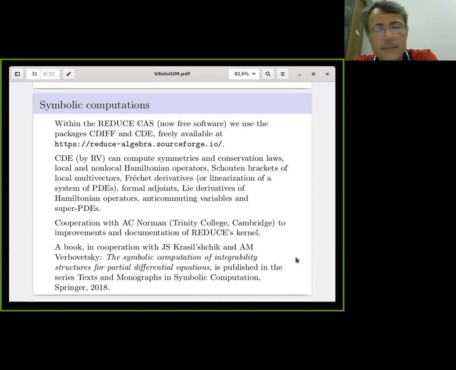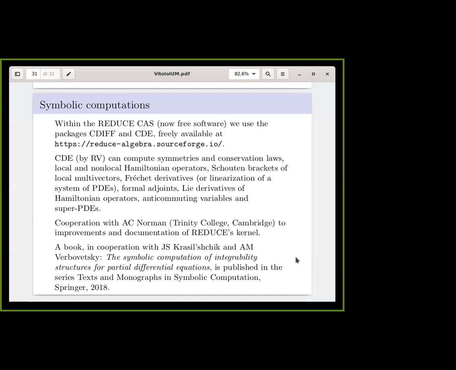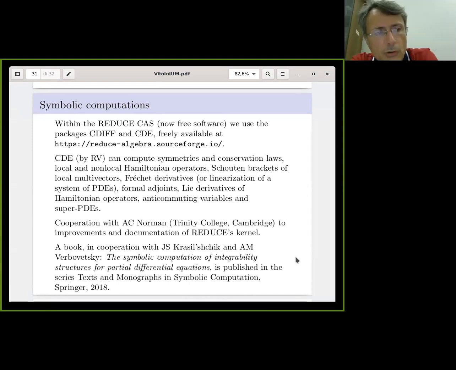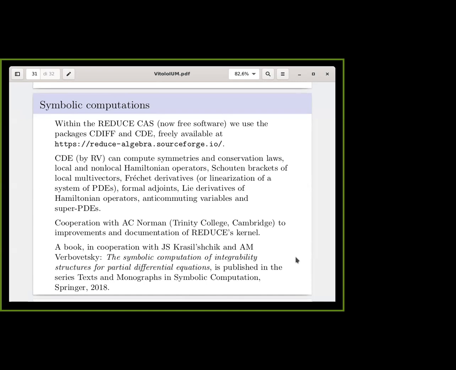I still didn't make them public, but I want to do it soon. So one Maple package which can compute the Schouten bracket with local and weakly non-local operators, and the same thing for Mathematica. Okay.